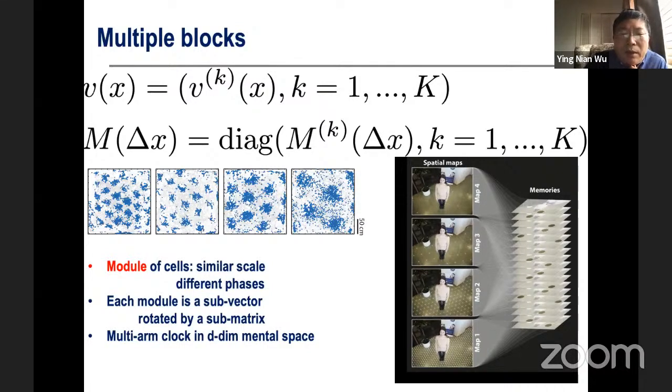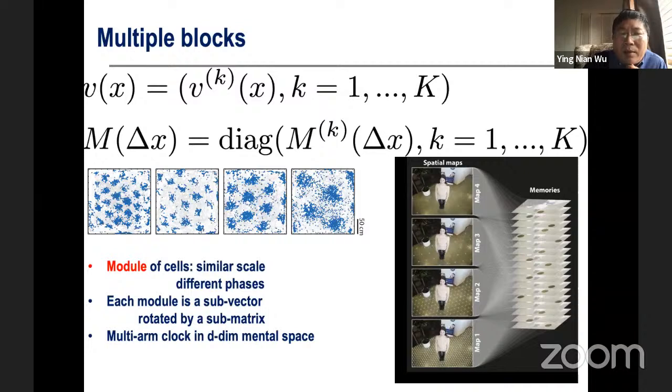And based on the neuroscience observations, those different modules of the grid cells are like different blocks, and within the same module, the grid cells share similar scales but different phases in their response map. Phases means spatial shift. And so therefore, you may imagine the whole grid cell system as forming a multi-arm clock.